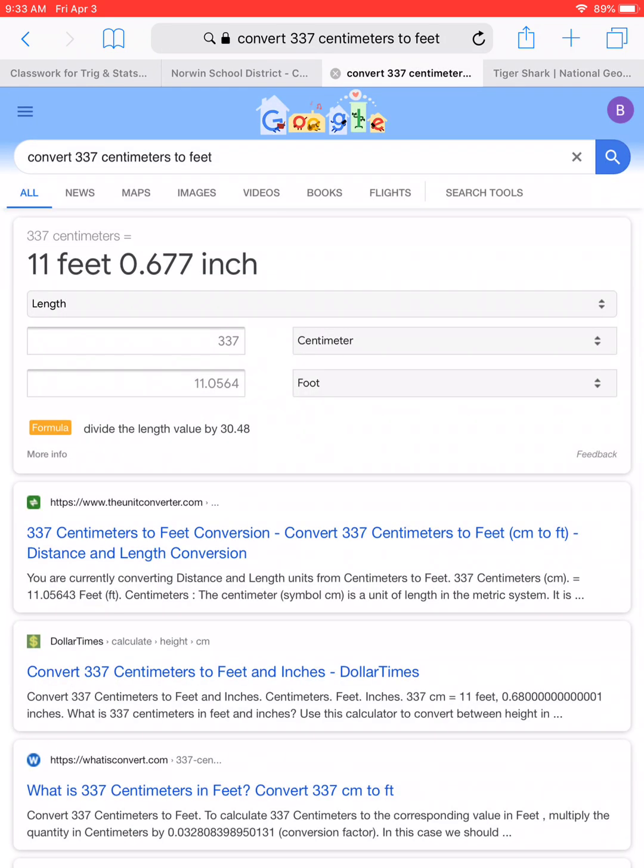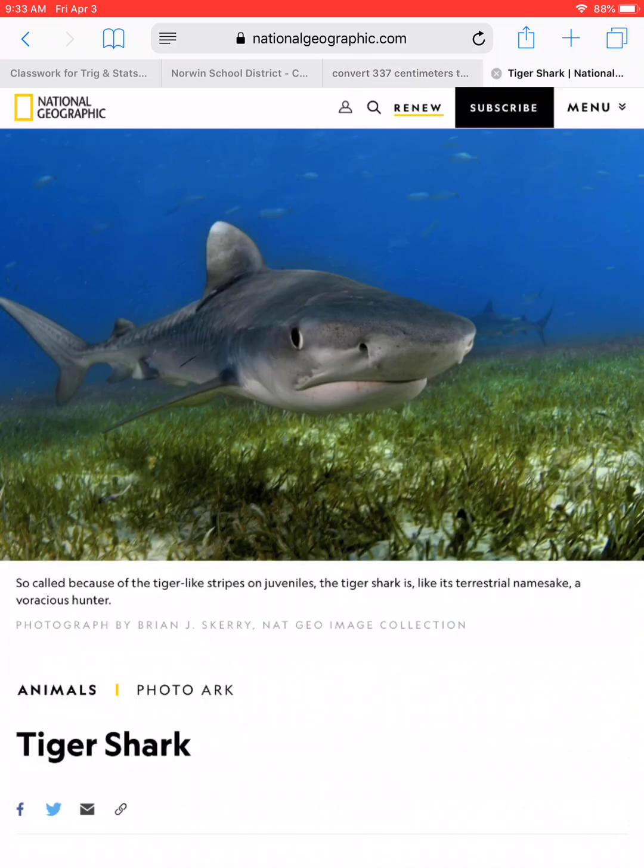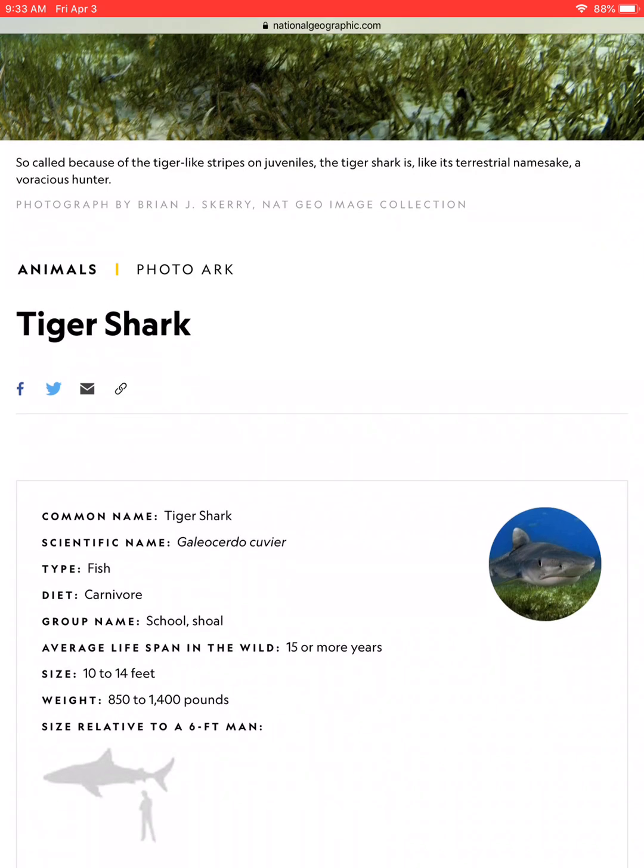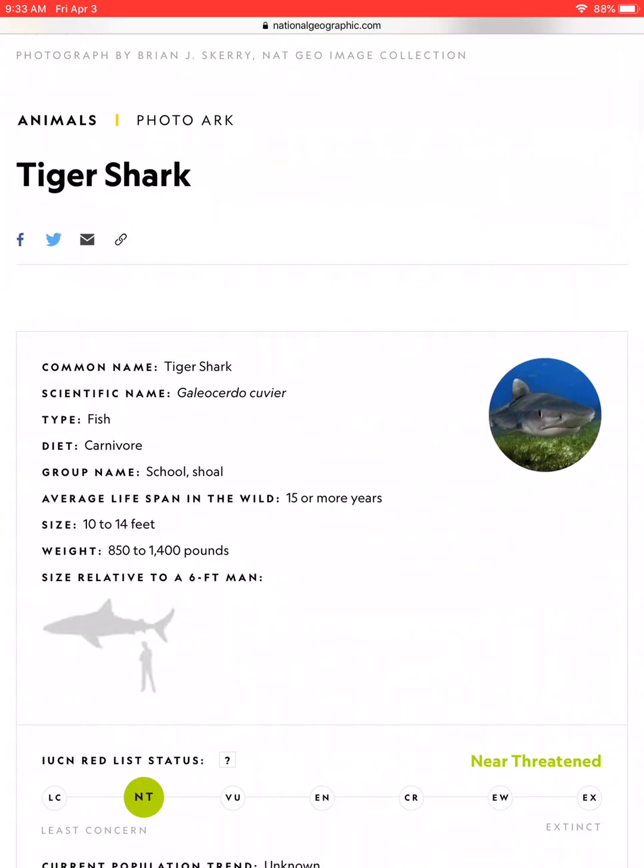By converting 337 centimeters, which was the asymptote, we could see that that is roughly 11 feet in length. In re-referencing National Geographic, we see 10 to 14 feet. So on average, the tiger shark does approach that asymptote of around 11 feet.